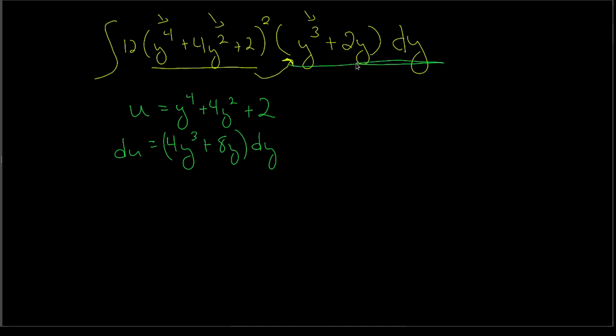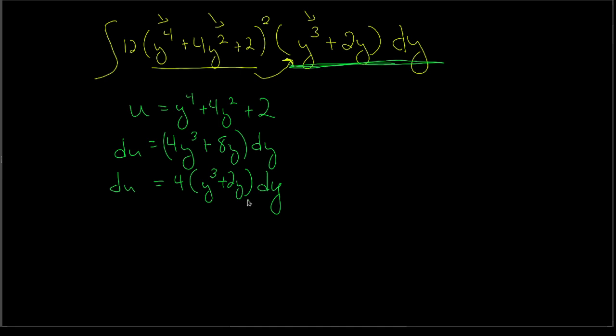Well, these do actually look comparable here. So if I factor out a 4, du is equal to 4 times (y cubed plus 2y) dy.